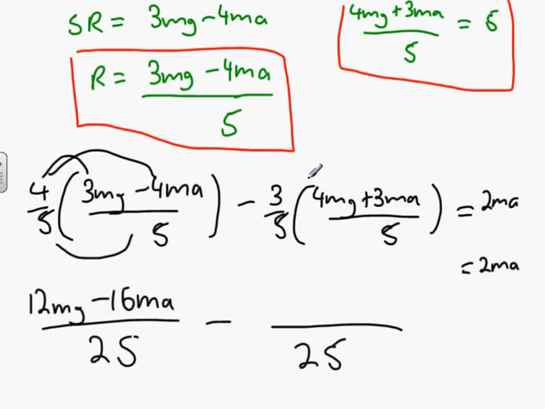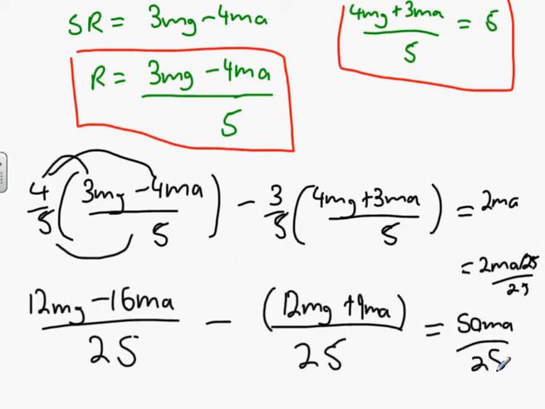So it's going to be minus, brackets, I'll just use brackets here, 12mg plus 9ma. I'm going to put this over 25 as well. If I multiply top and bottom by 25, that'll be 50ma, all over 25.